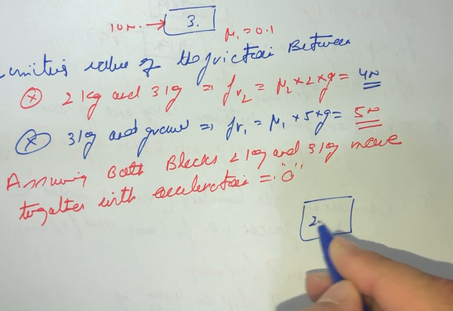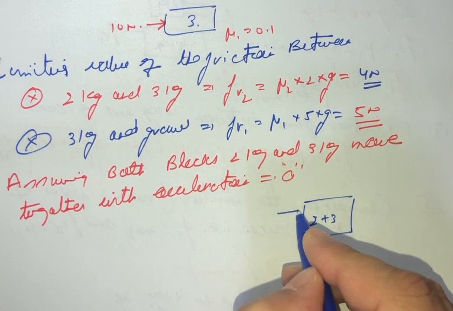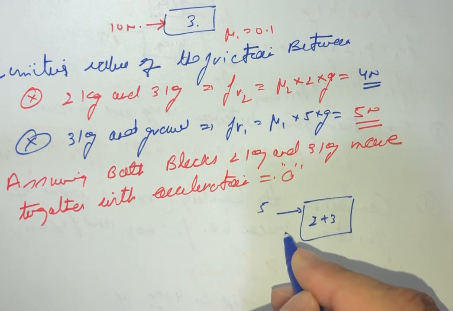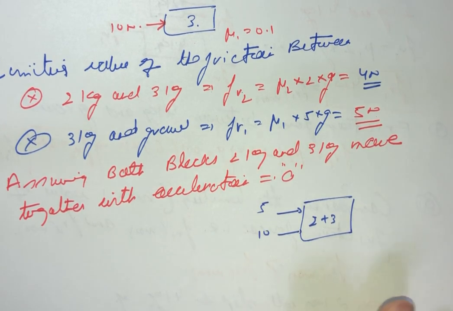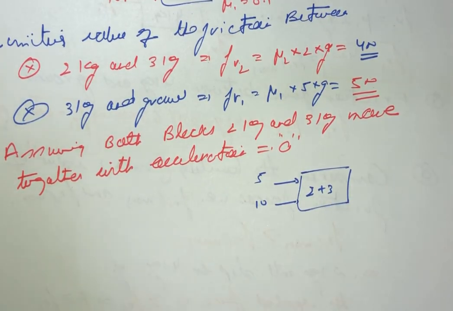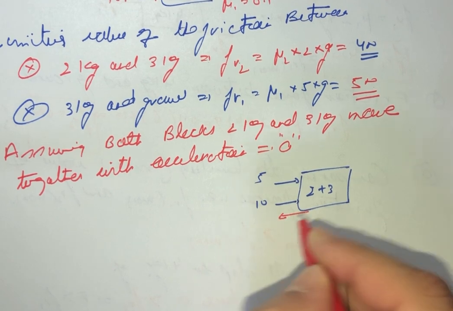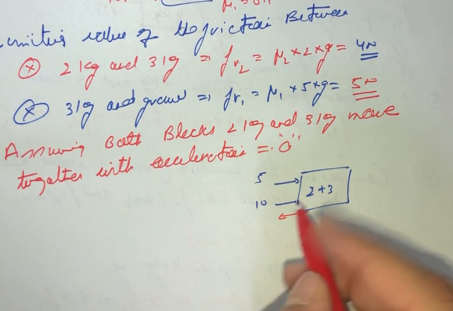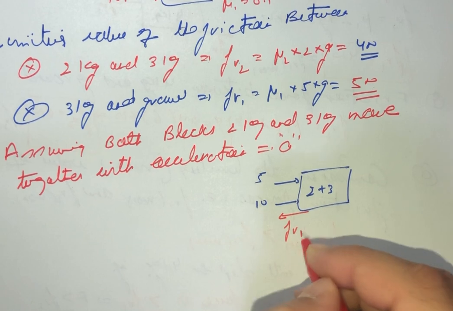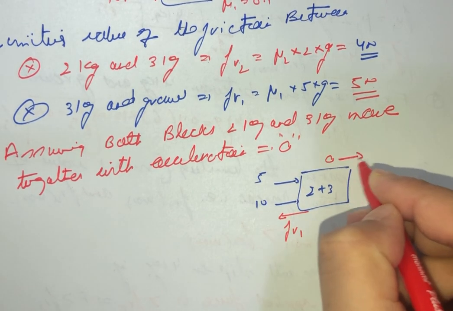This will be now 2 plus 3. We have two external forces, one is 5 and another one is 10, and we have a friction in the opposite direction, between 3 kg and ground, that is FR1, and it is moving with acceleration A in this direction.